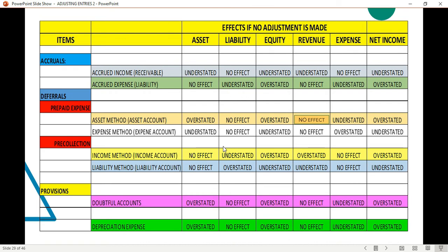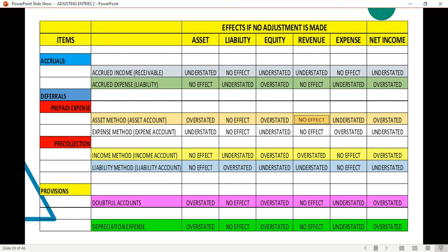Now, what will happen if you were not able to recognize depreciation expense? Remember, the related accumulated depreciation will be deducted from your assets. So if you were not able to recognize depreciation expense, your accumulated depreciation will be understated, so your asset will be overstated. No effect on liability, and no effect on revenue.